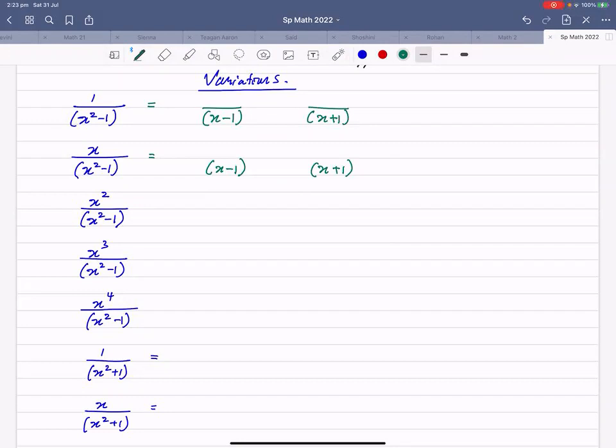Firstly, we have to look into two things, right? The x power of the numerator, the x max power of the denominator. Okay.